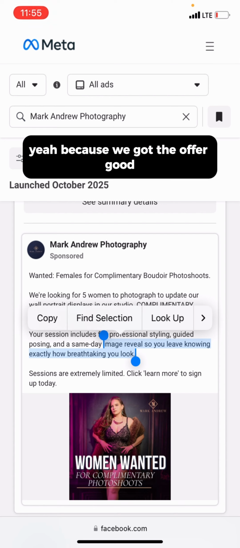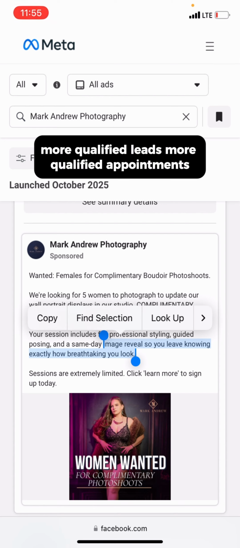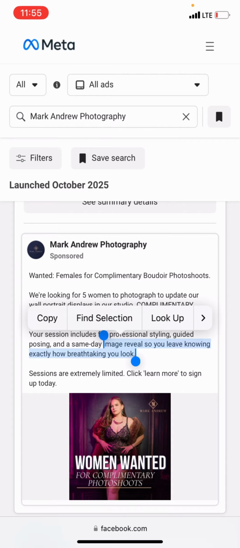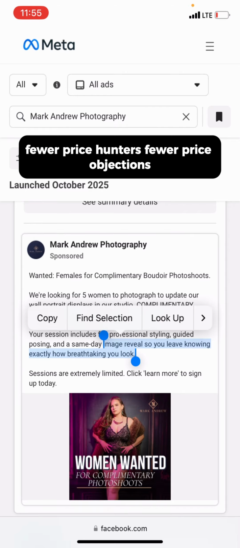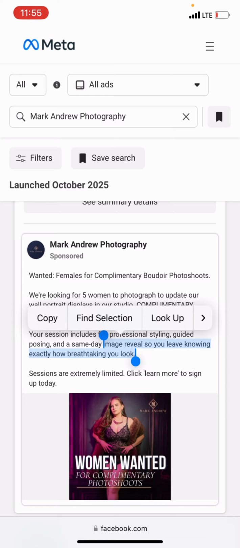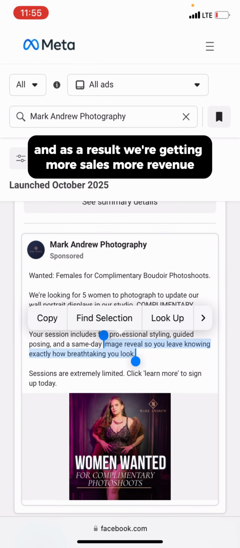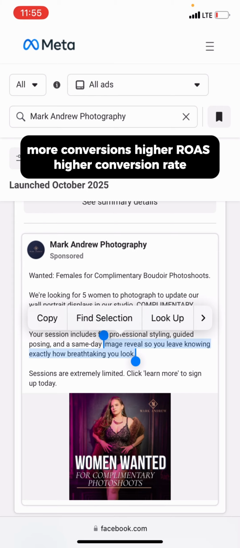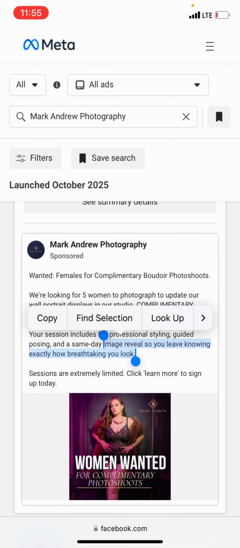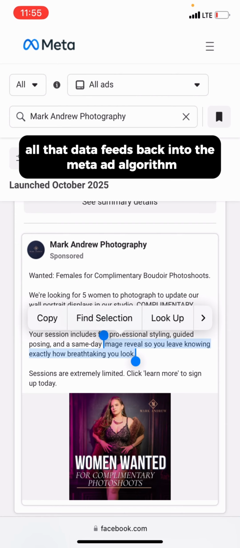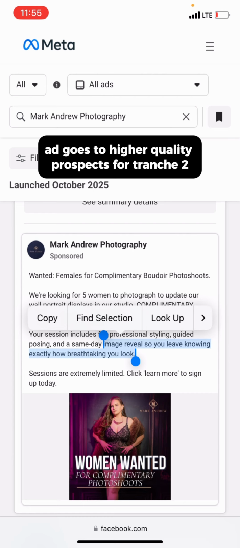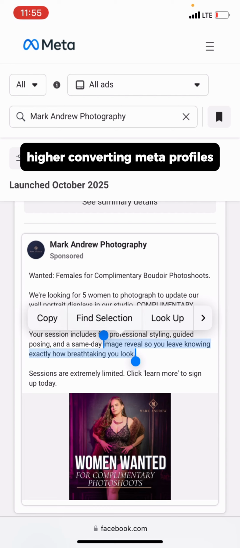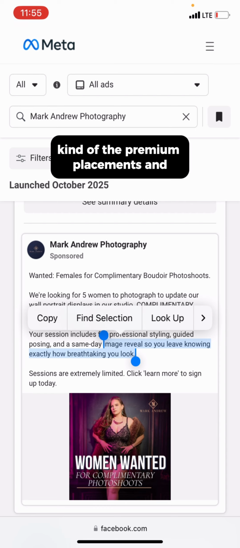Because we have the offer good, we get more qualified leads, more qualified appointments, less ghosting, fewer price hunters, fewer price objections. And as a result, we're getting more sales, more revenue, more conversions, higher ROAS, higher conversion rate from Tranche 1 women. All that data feeds back into the Meta ad algorithm. The ad goes to higher quality prospects for Tranche 2, higher converting Meta profiles, the premium placements.